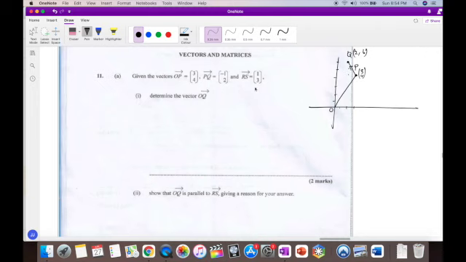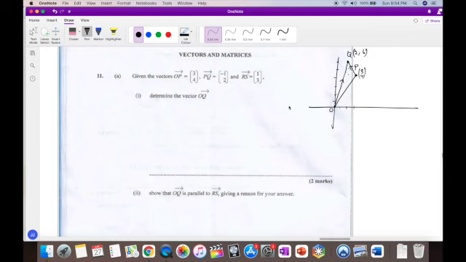You could see it here, right? And R to S is 1, 3. Well, I don't know where R and S are in this diagram. So I want to determine the vector OQ. So the vector OQ is actually that vector 2, 6, right?